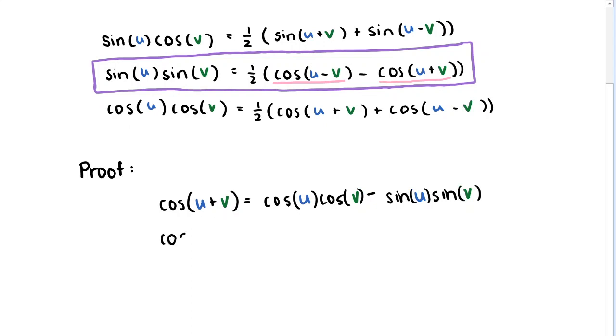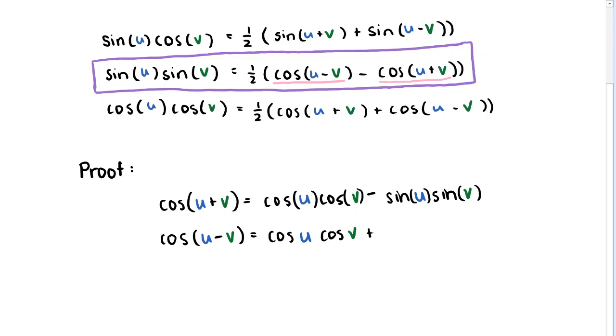And the cosine difference formula, cosine of u minus v, is almost the same equation, but instead of the difference of these two terms, we have the sum of these two terms.